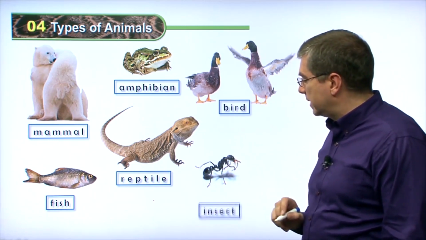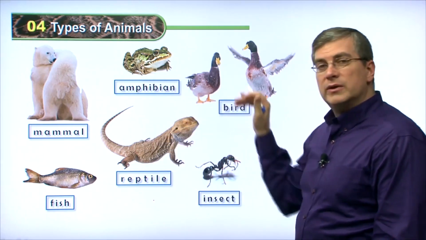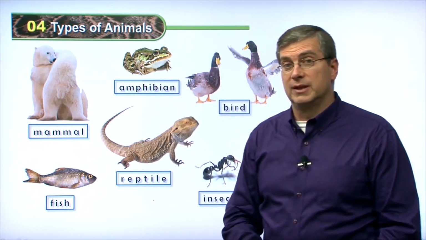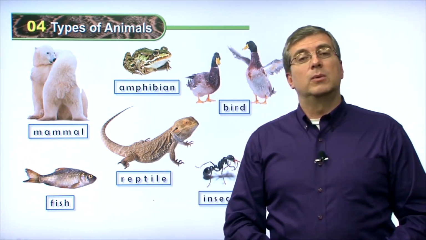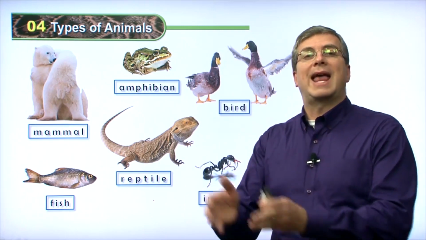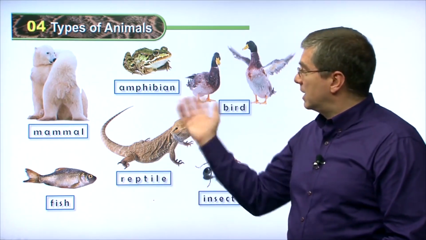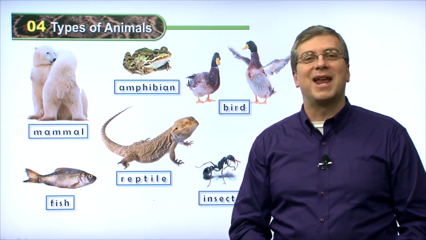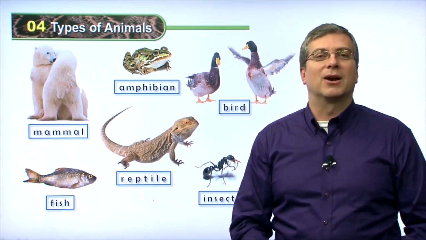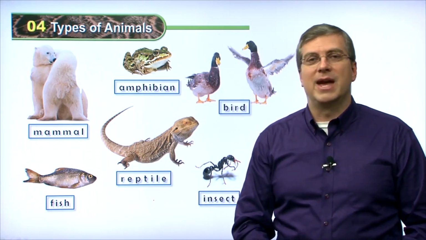So, of course, this is an insect. That wraps up our 6 animal groups. When we talk about animals, we can classify them into different groups. What group does that animal belong to? That's called classification. It's very exciting to look at different animals and think about what group they are in and what unique characteristics make them part of that group.